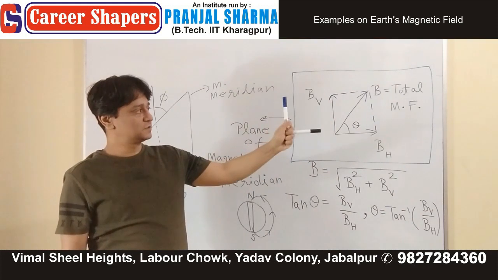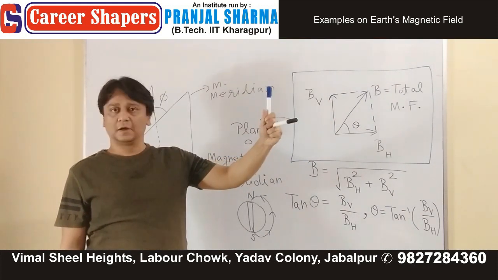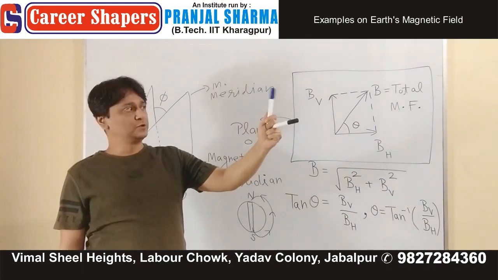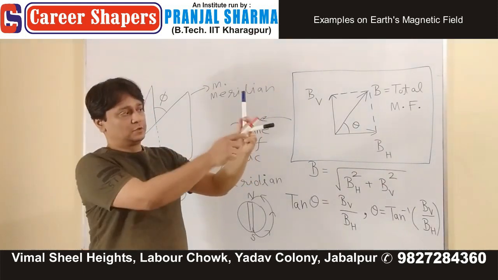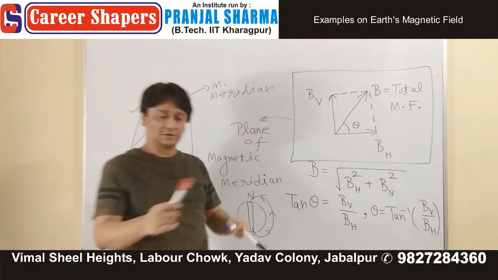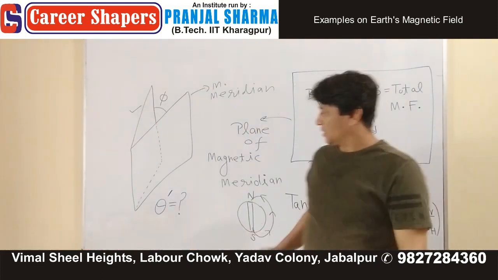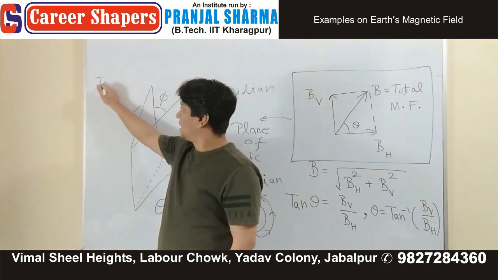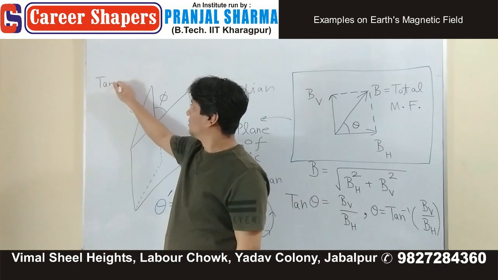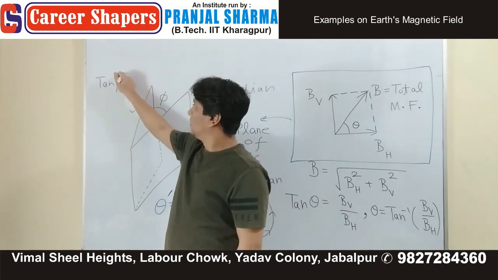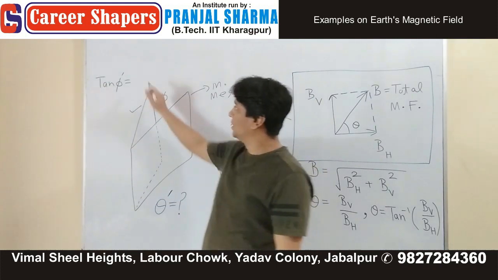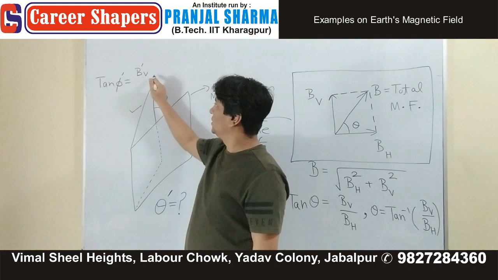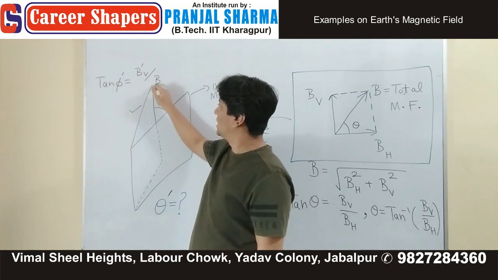Instead of this, if I hold the compass in a new plane, then what happens to these two components? I'm giving you a hint. Tan of theta dash will be the same, BV dash divided by BH dash.